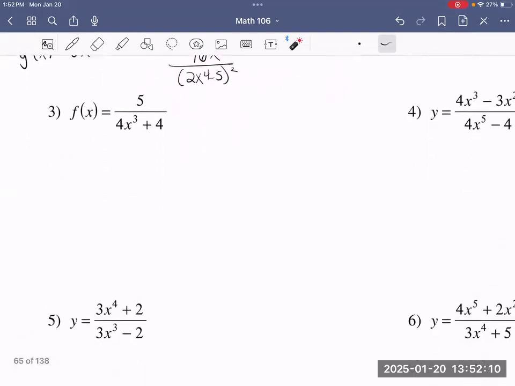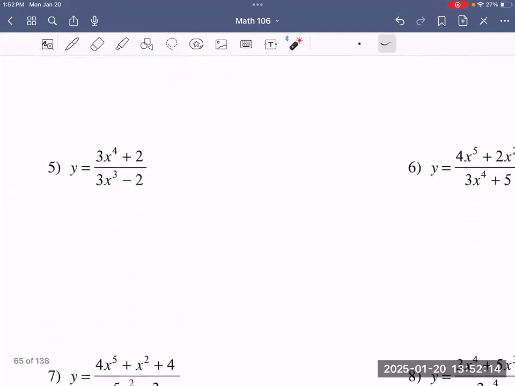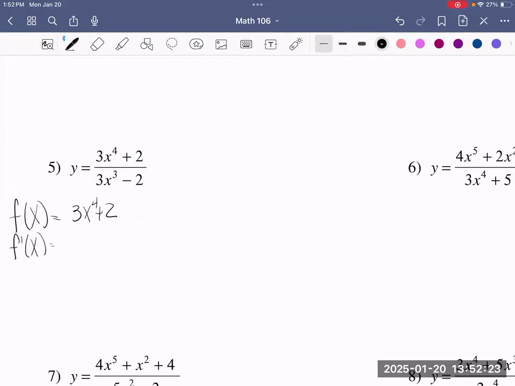Let's try it again with number 5, kind of stepping up in its rigor. F of x is equal to 3x to the 4th plus 2. And let's go ahead and take its first derivative. Let's do the same with g.